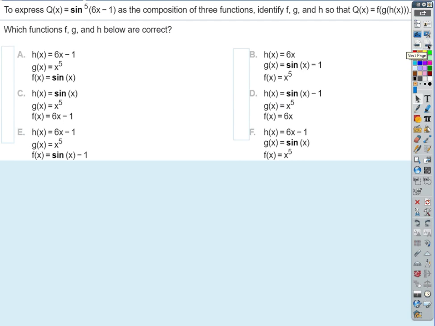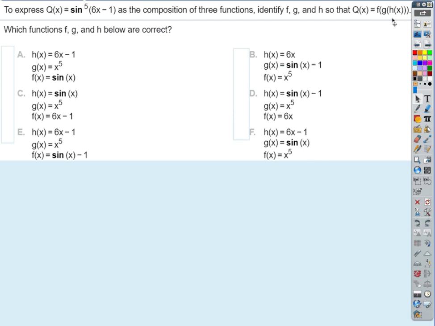Okay, another just composition kind of question. So if q of x is sine to the 5th of 6x minus 1, and we want to write that as a composition of f of g of h of x, what's the outside function here? The outermost layer of this is what?